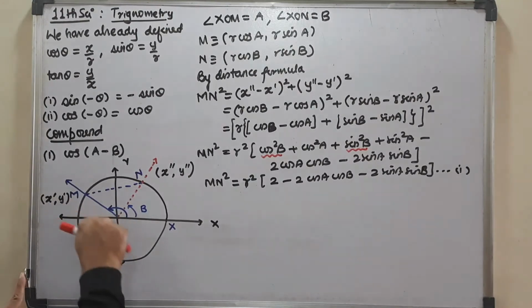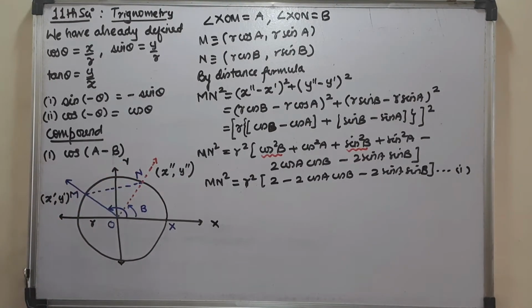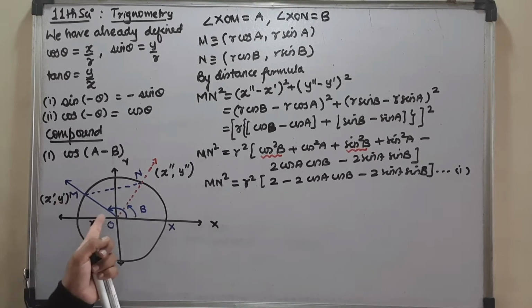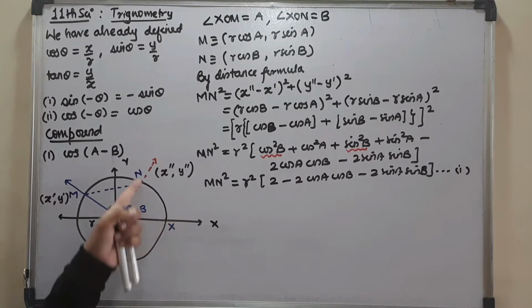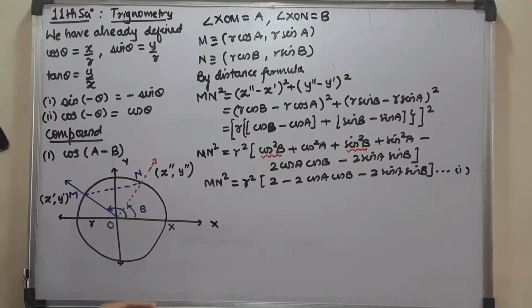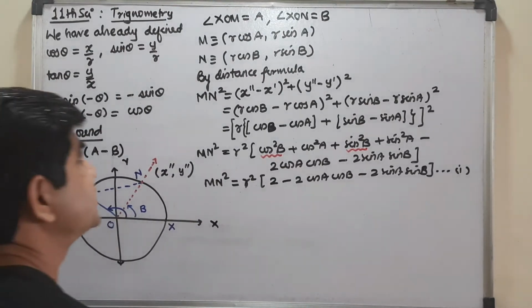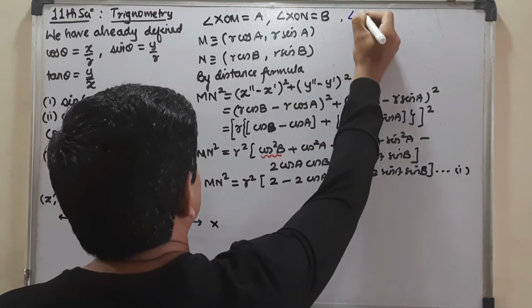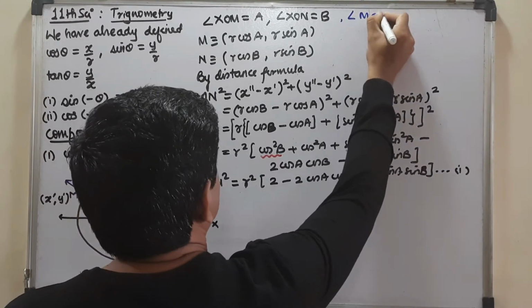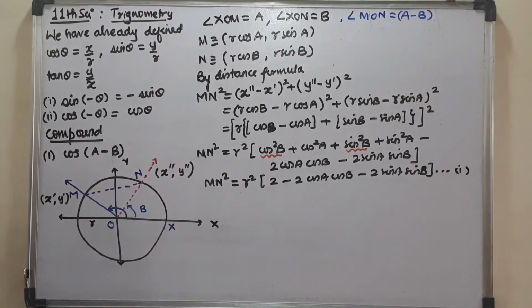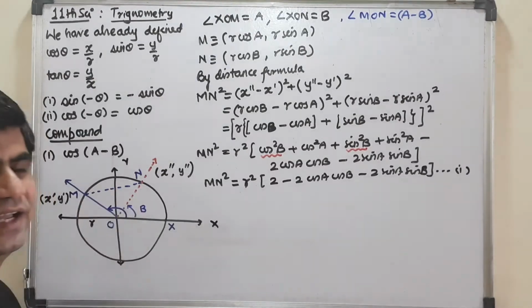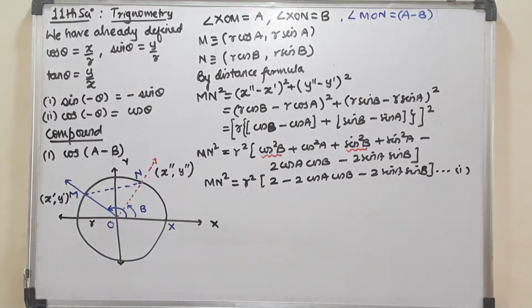Right now, this angle MON is your A minus B, because angle MON plus NOX is your angle A. That means angle MON is required here to be A minus B. So I understand one thing: if I want that angle, it must be a standard angle.